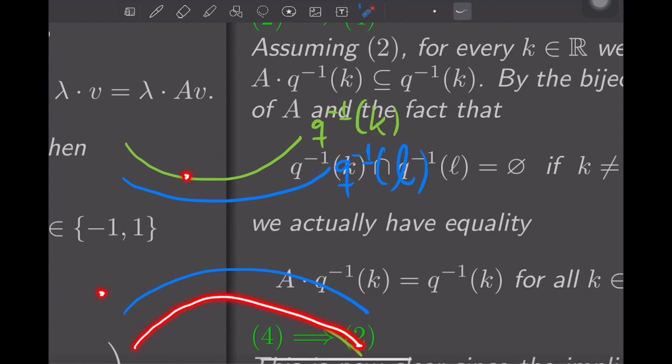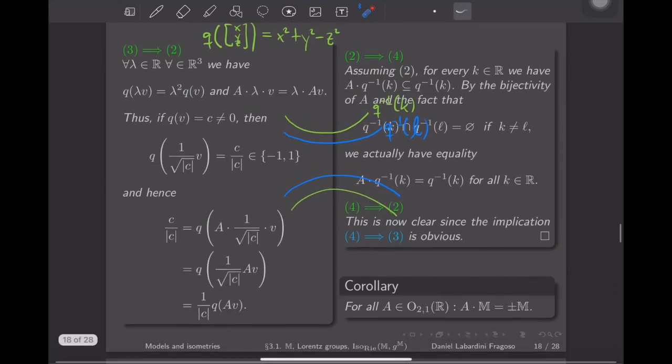If it were not in the green set, it would be in some blue set, since every point is in some level set. And so it cannot be in any blue set. It has to be in the same, because otherwise it would go to the blue one. So that something has to be again in the same set. So I have equality.